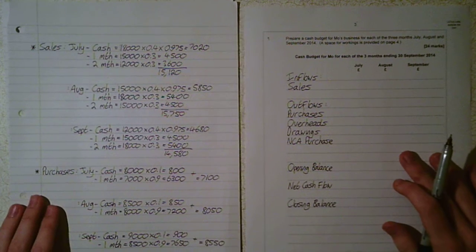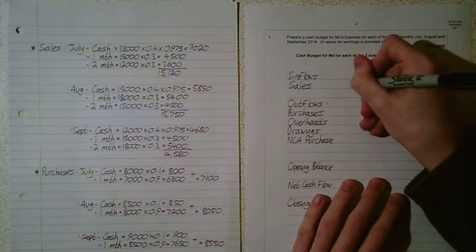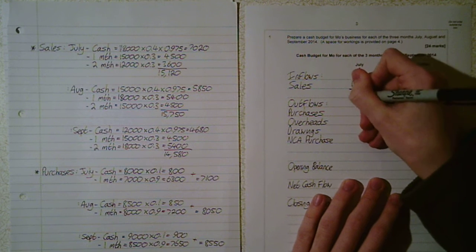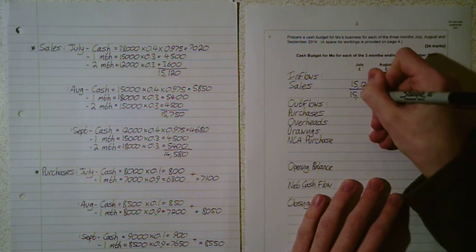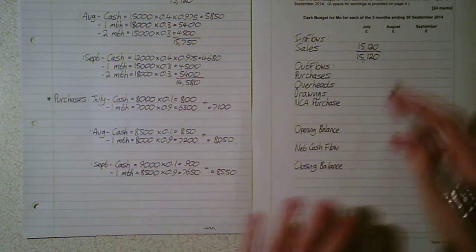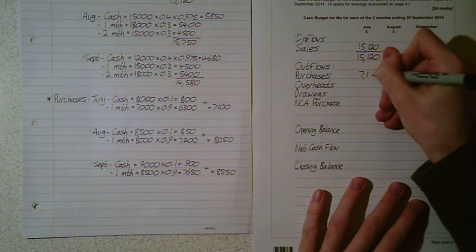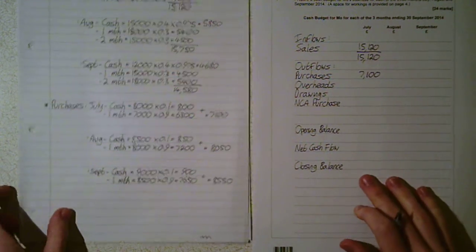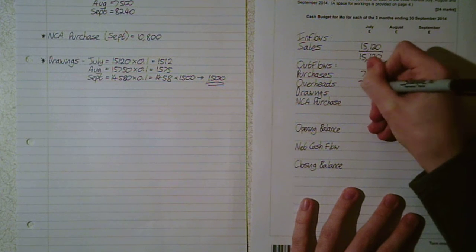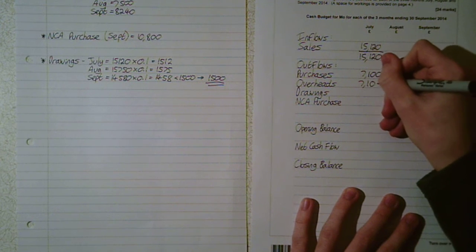So what were July's sales? Well, 15,120. So the only inflow was 15,120. Purchases in July were 7,100. Overheads 7,100 as well. And it's as simple as this.